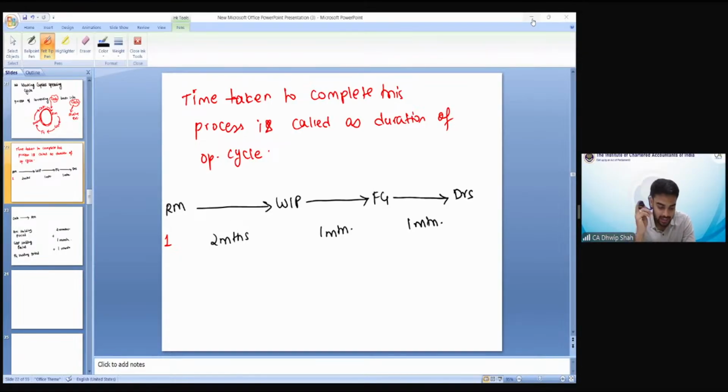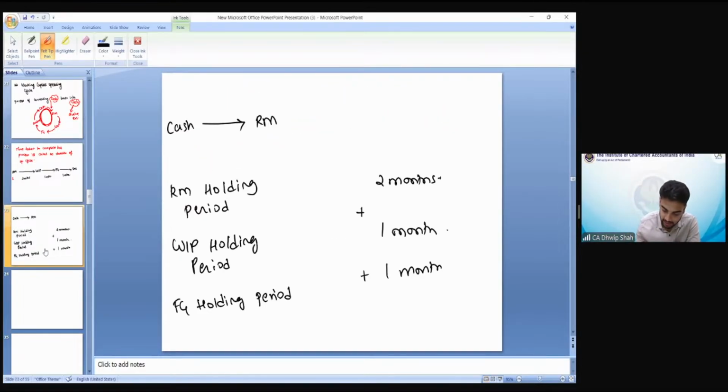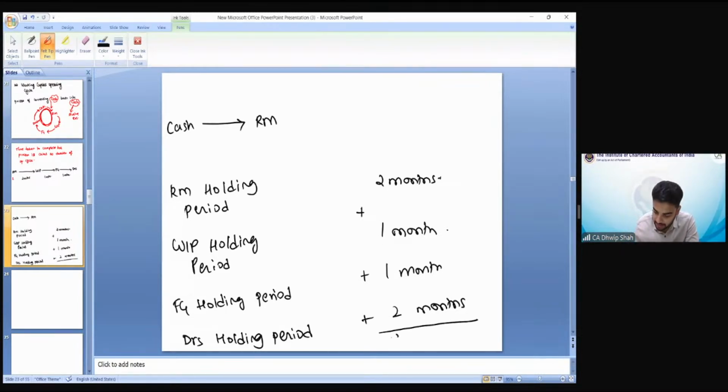So again, debtors say that I need 2 months credit. So debtors credit period or debtors holding period is 2 months. So can I say after the period of 2 plus 1 plus 1 plus 2, 6 months, I am getting my cash back.